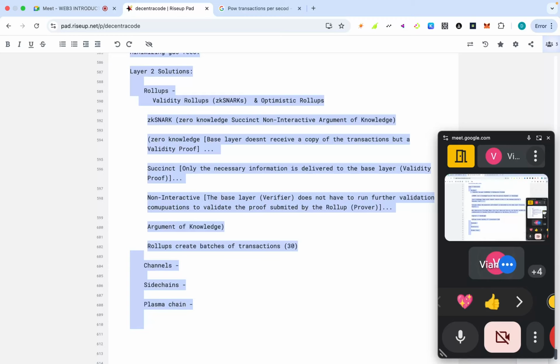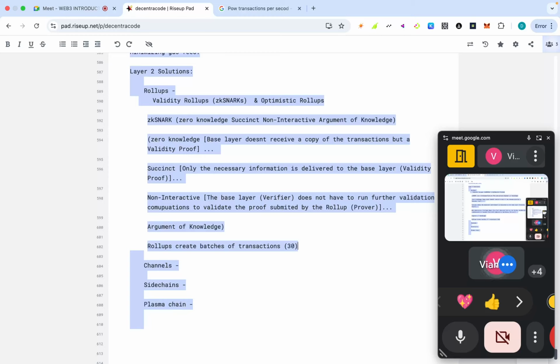So a root hash is delivered as a Merkle proof on the base layer. It is stored as proof that these transactions were executed and stored by the validity rollup, after verifying that these transactions are authentic.